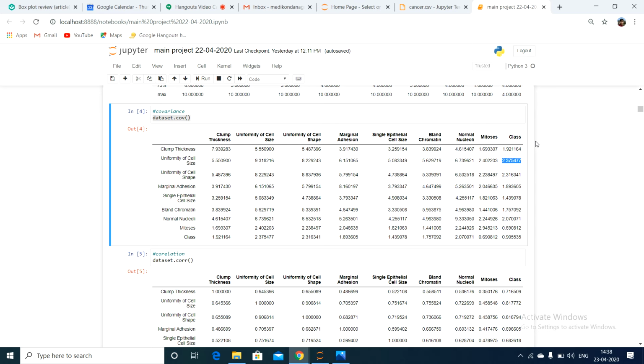So here we have magnitude. Magnitude means there is some dependency between these two columns, but we don't know whether it is increasing or decreasing.